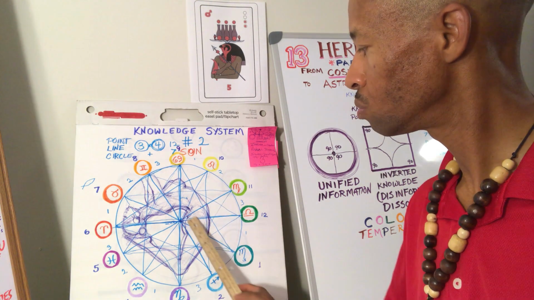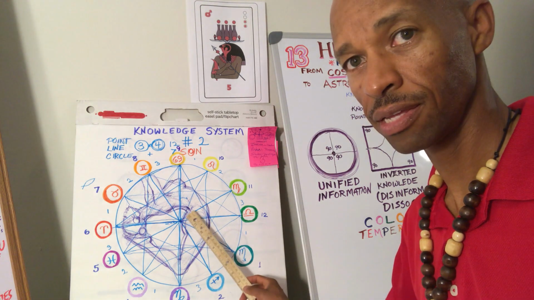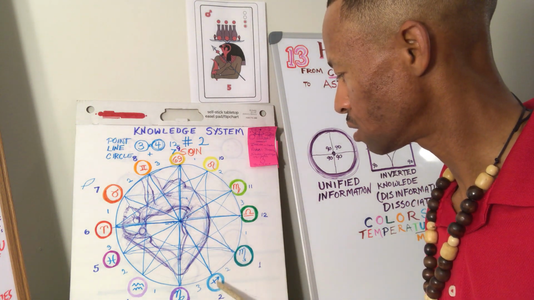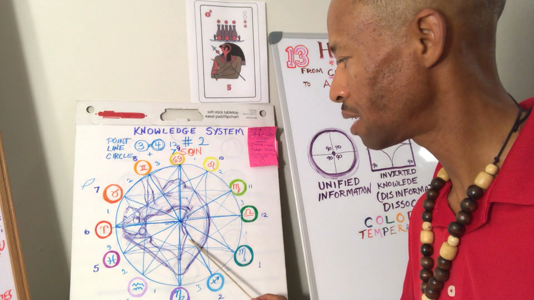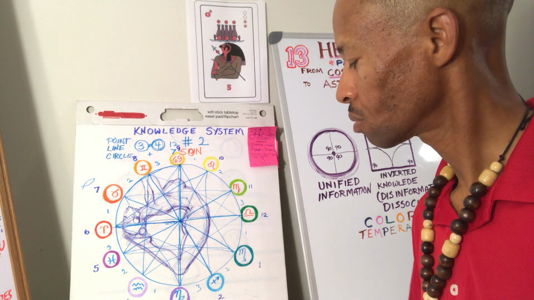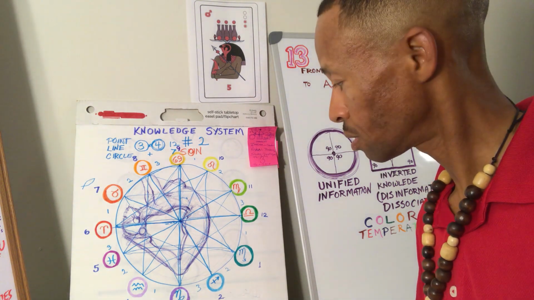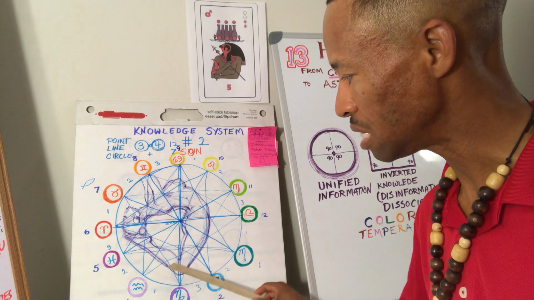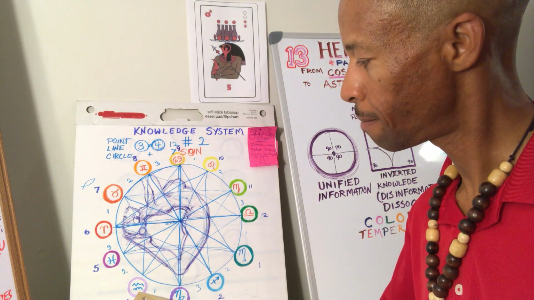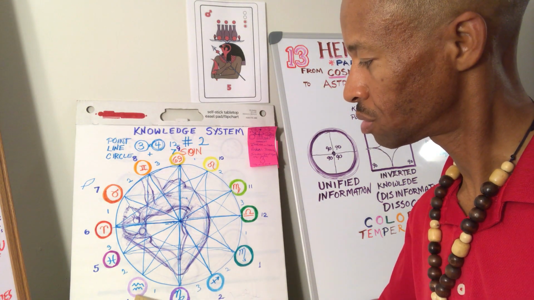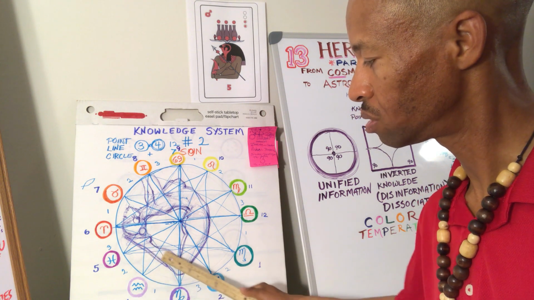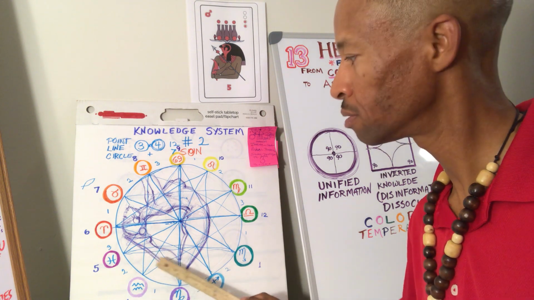You have Scorpio dealing with the genitalia, and we have Sagittarius dealing with the thighs. Capricorn dealing with the knees. There's Aquarius dealing with the lower legs.